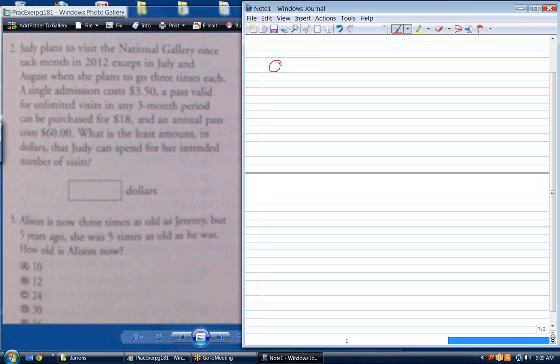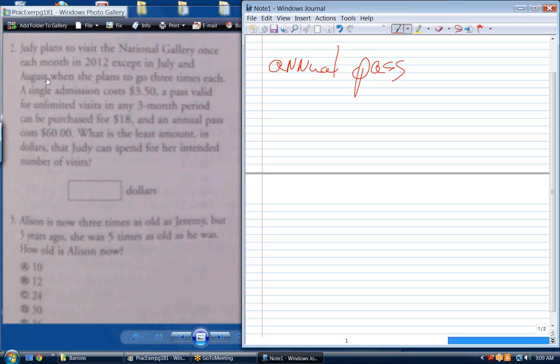She can get an annual pass. That's one option. She can pay individually for every time she goes. How many times is she going over the course of the year? She's going 16, actually, she's going 3 times each in July and August. Right.